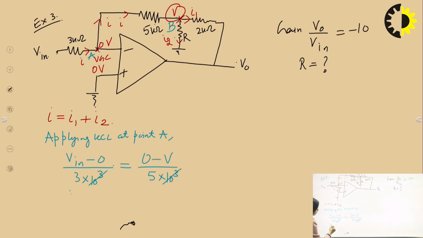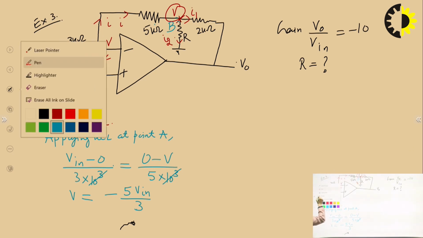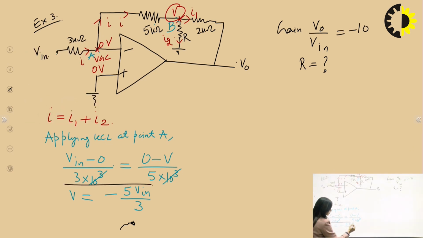Now we have V is equal to minus 5 Vin upon 3. Now this is the relation which we got between V and Vin, equation number 1.